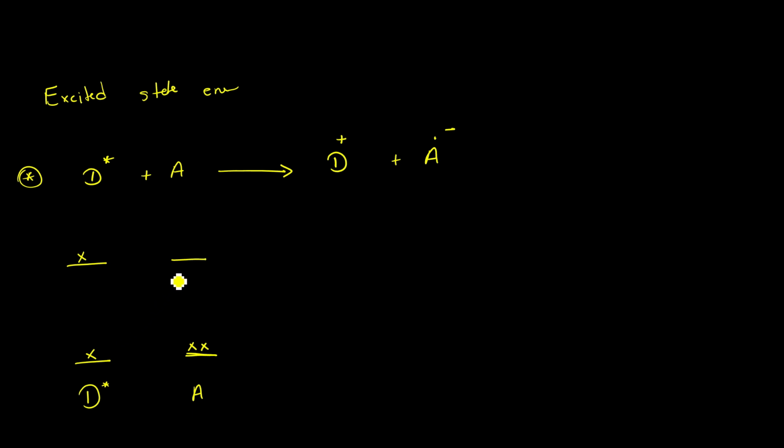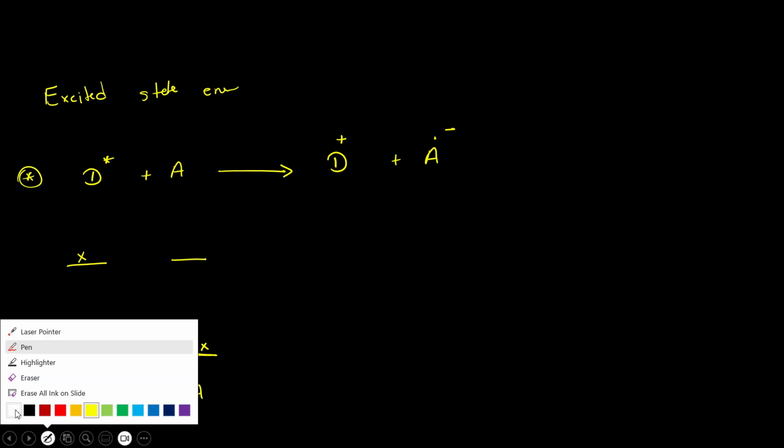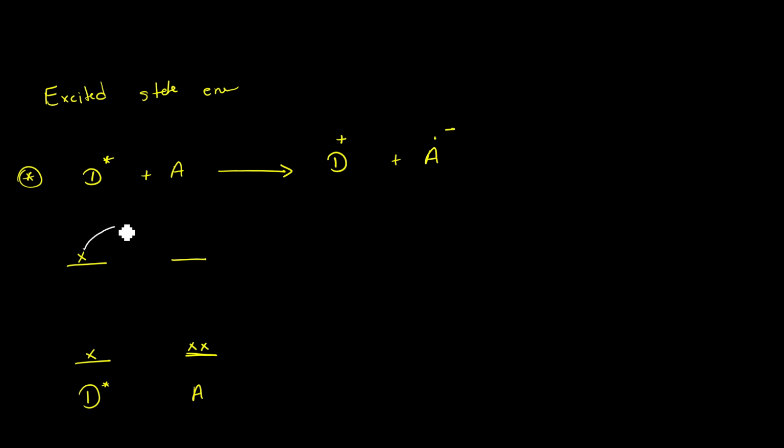Now what happens here is our donor will give away its excited electron to our acceptor's excited state. So this is one possible way in which this electron transfer can happen. In this case, we have the donor with only one electron.